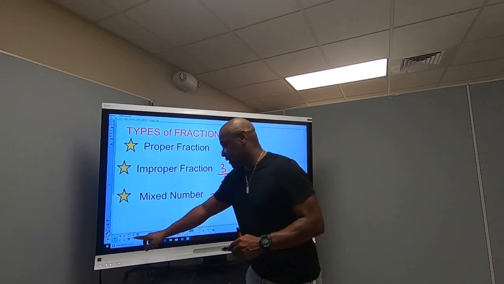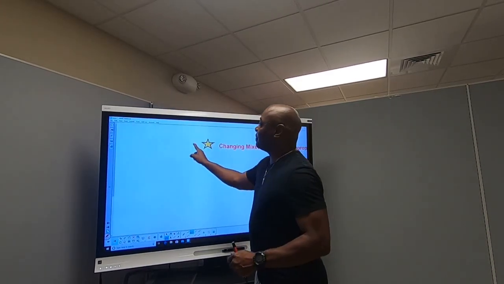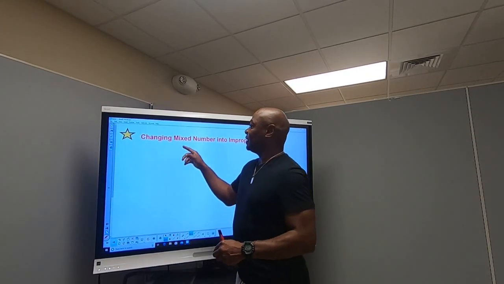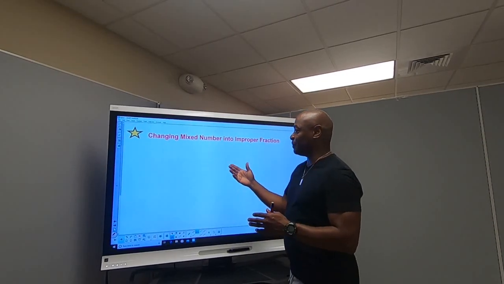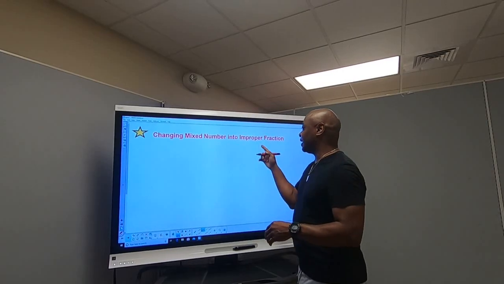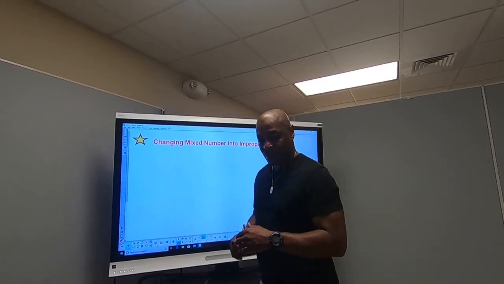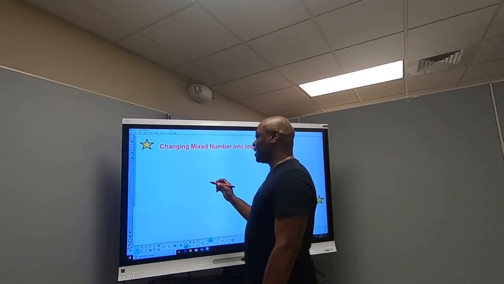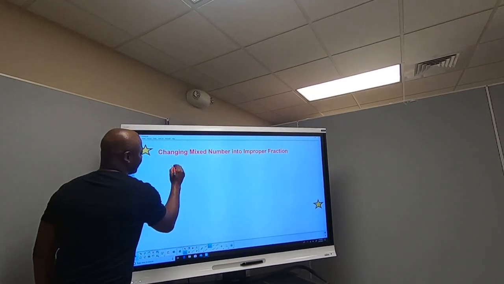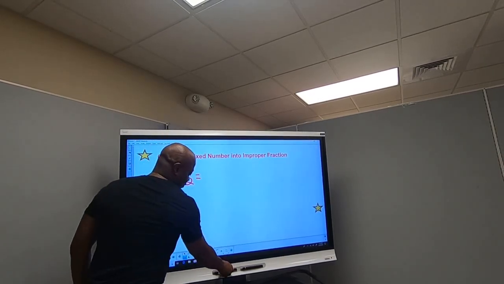Okay, now we're going to be changing. The last fraction we did was a mixed number. We're going to be changing a mixed number into an improper fraction. Now, understand when we have a mixed number, I'm going to take 3 and 1/2.